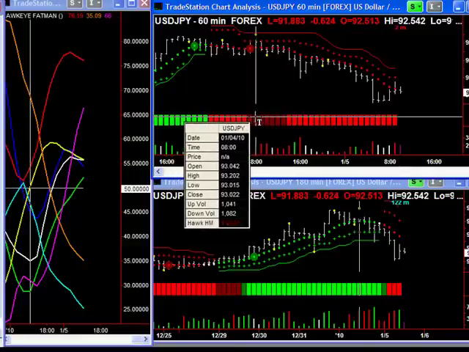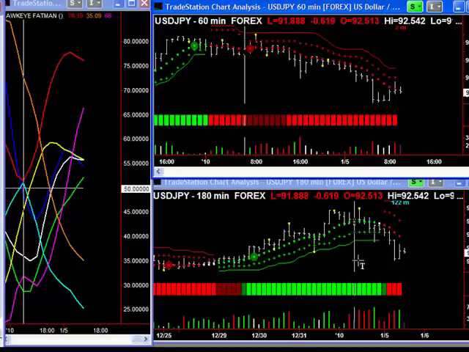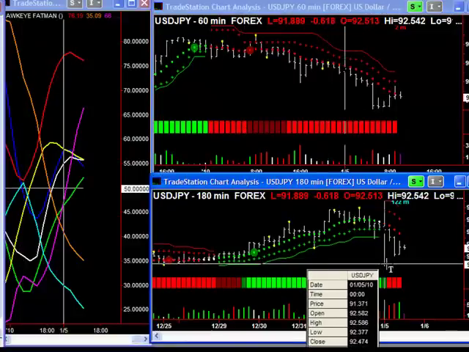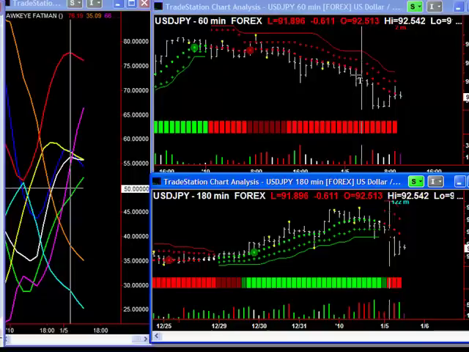It wasn't set up at that time, because if we look over here you can see that we are still not set up on the 180-minute to that point there, but we do get that major move out of the market here.